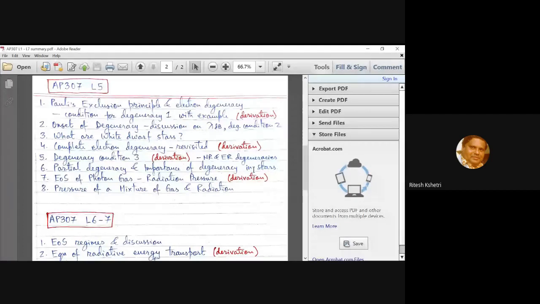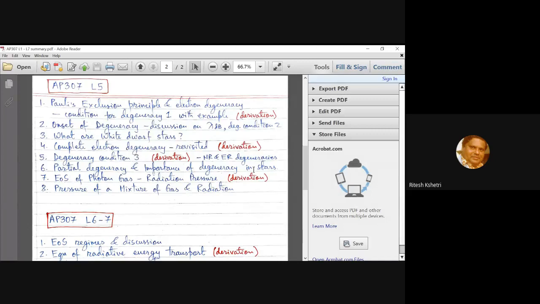We used the concept of de Broglie wavelength comparison to arrive at the condition of electron degeneracy. And also you can use the concept of Fermi energy. They were the two types of onset of degeneracy discussions we did.